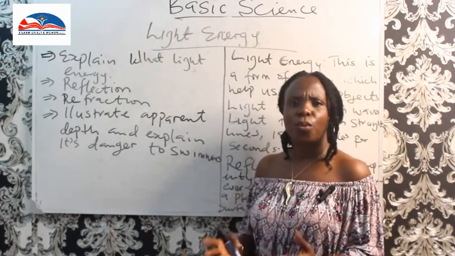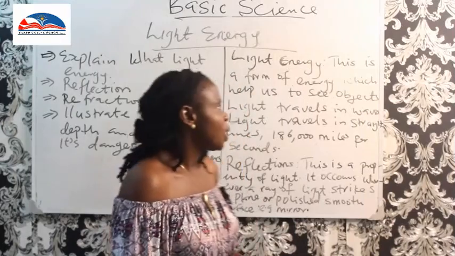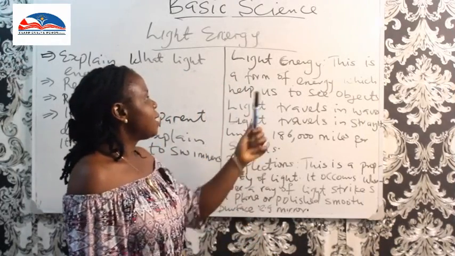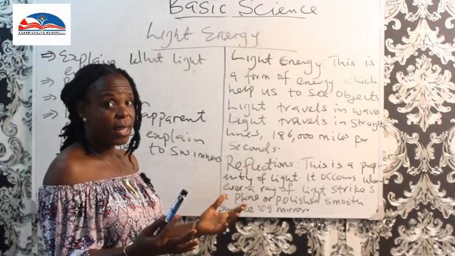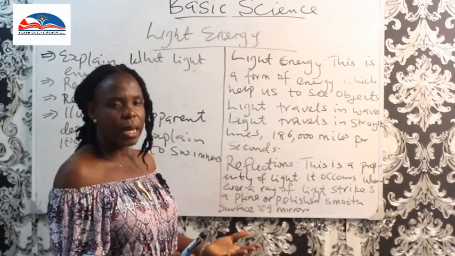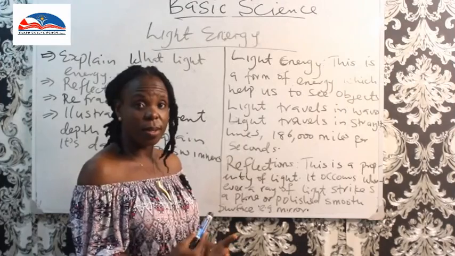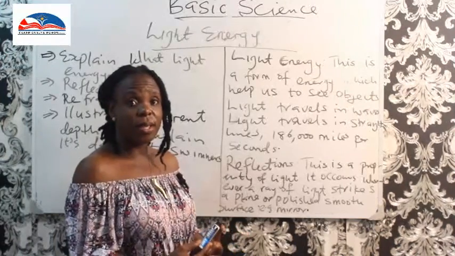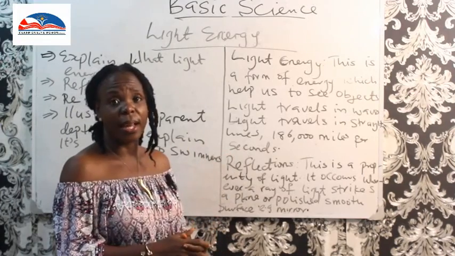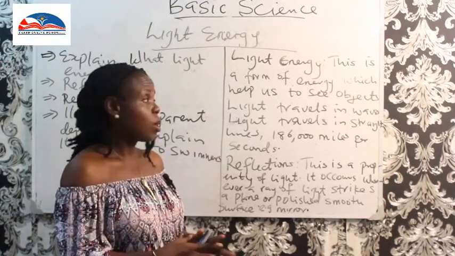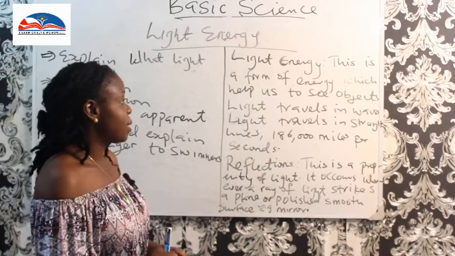Now, what is light energy? Light energy is a form of energy which helps us to see objects. Like I told you, light energy helps us to see colors. This light travels in a straight line and helps us to see objects.